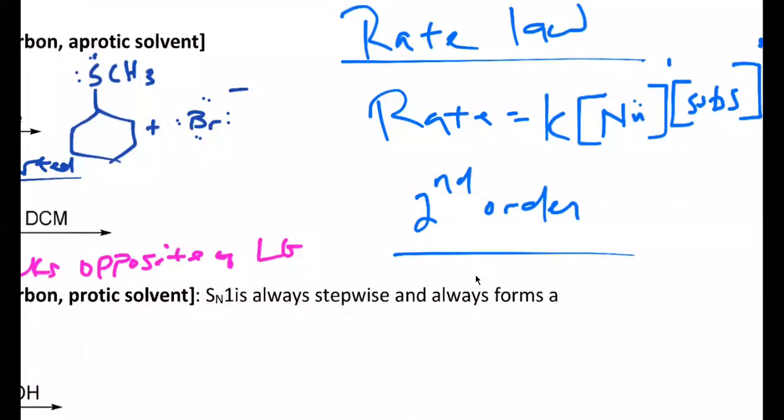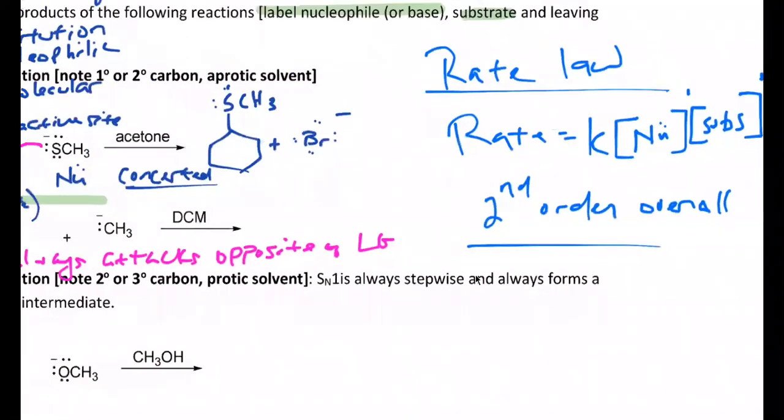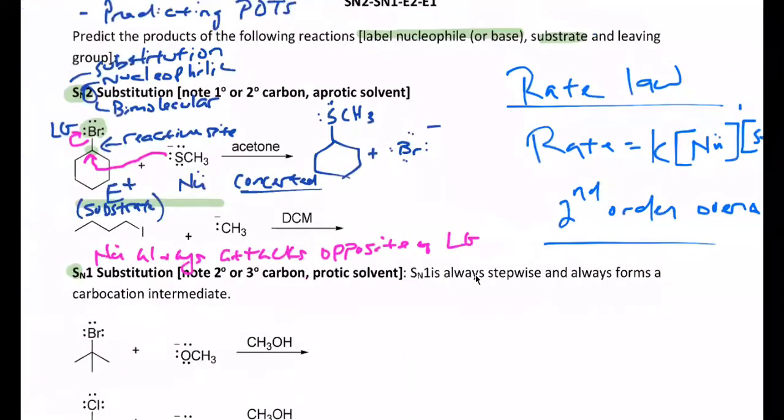There's a 1 outside of each one of those brackets, an exponent of 1. So it's second order overall. Any questions about that example or the rate law, or why we say it's second order, why we say it's concerted, anything?